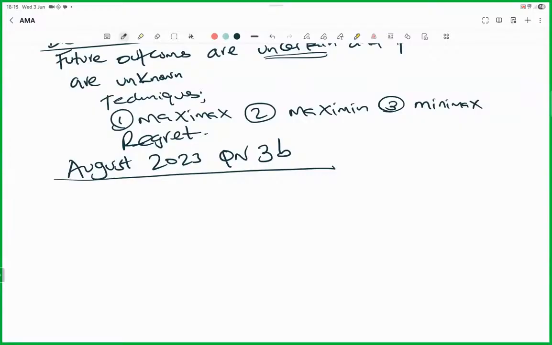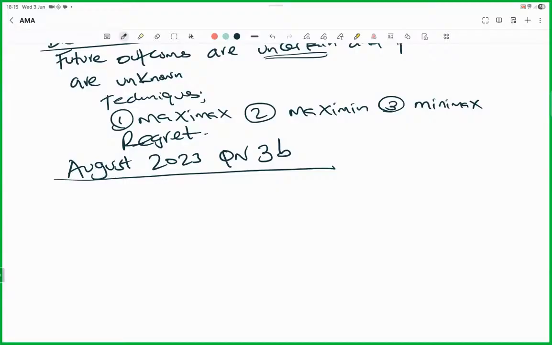The number of sandwiches sold will depend on 3 market conditions: poor, fair, or good. The table below details the net profit or loss that would be earned for each possible number of sandwiches sold. So you can see the market conditions, and then we have our number of sandwiches sold.